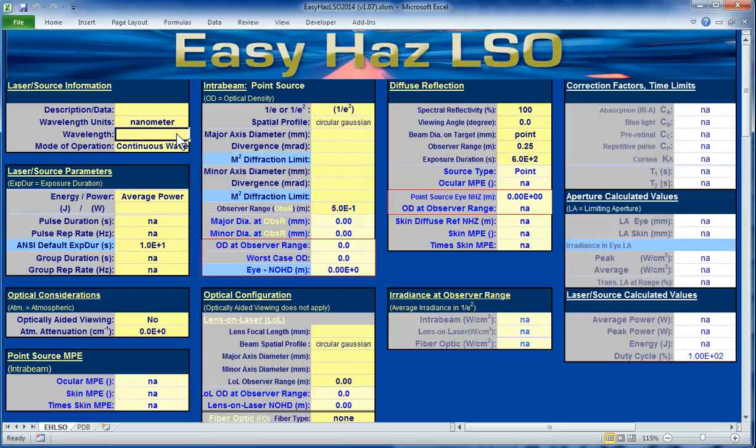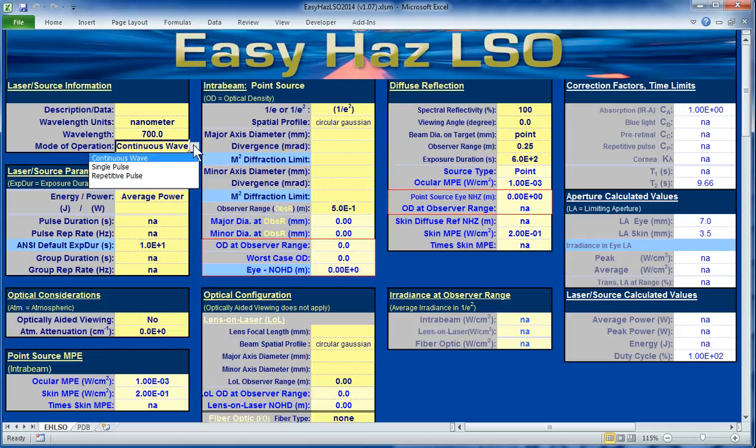So I'm going to go with 700, and since the duration that we're talking about is very short, we're either talking about a single pulse laser or a laser emitting a single pulse, or a repetitive pulse laser, but we're only talking about the single pulse.